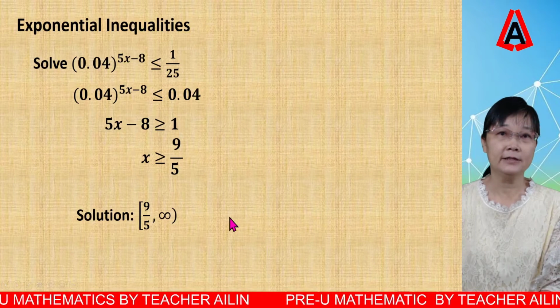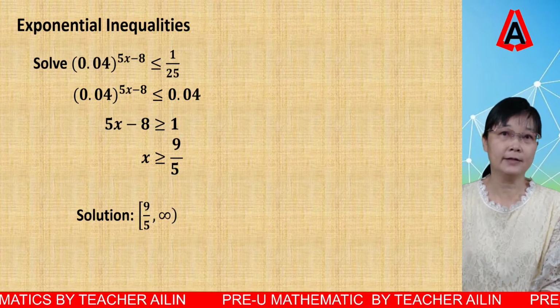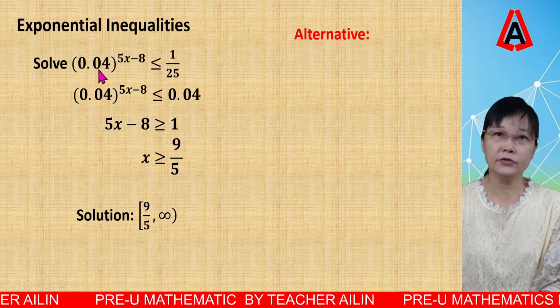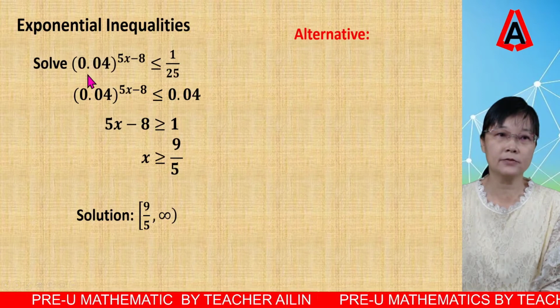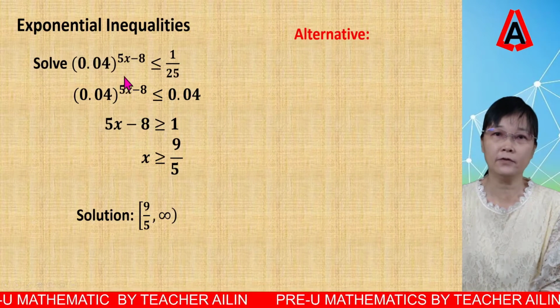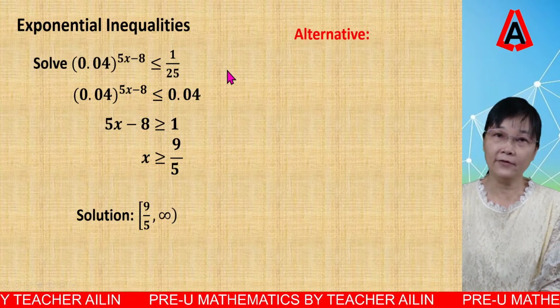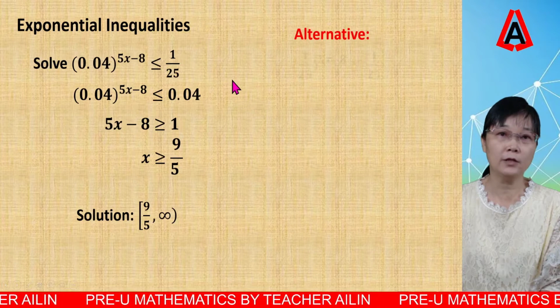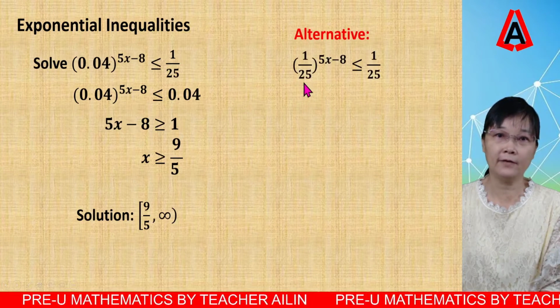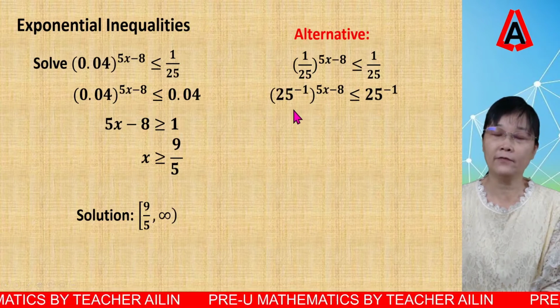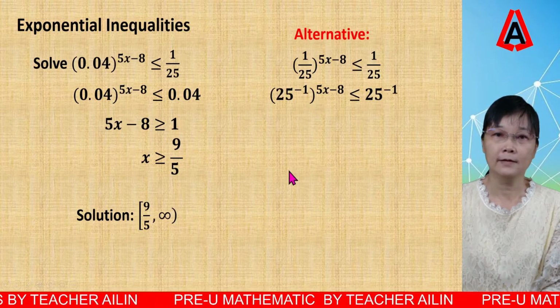For this question, actually there is another method. For the first method just now, we changed the base to 0.04 for both sides. And we know that 0.04 is equal to 1 over 25, and 1 over 25 is equal to 25 power negative 1.